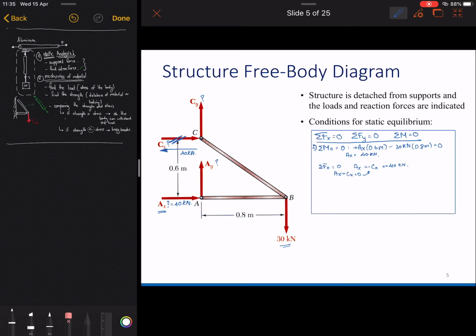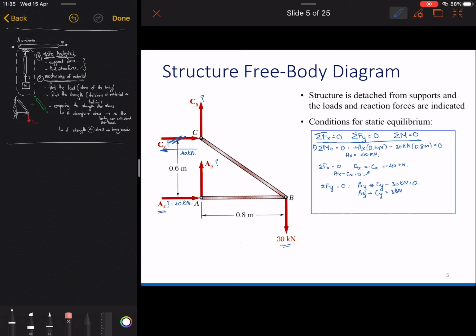And then we have sigma Fy equal to 0, and in this case we have Ay plus Cy minus 30 kilonewtons equal to 0, and then in this case we have Ay plus Cy equal to 30 kilonewtons.